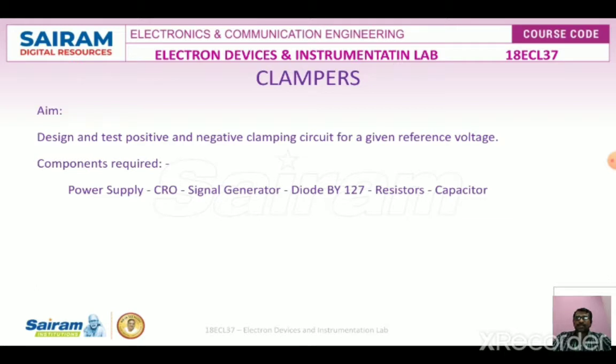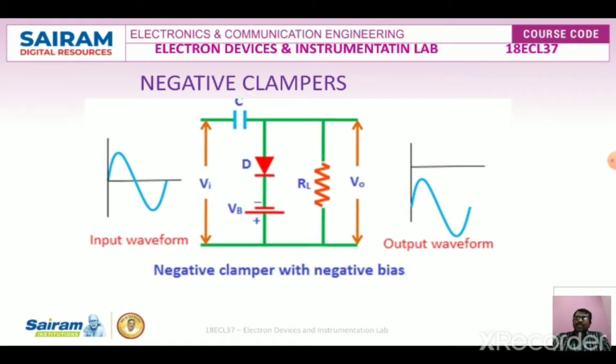Components required are power supply, cathode ray oscilloscope, that is CRO, signal generator, diode BYN127, resistor of 10 kilo ohm, and capacitor. We have to select the capacitor so that it will not discharge. First we will see the negative clamper.